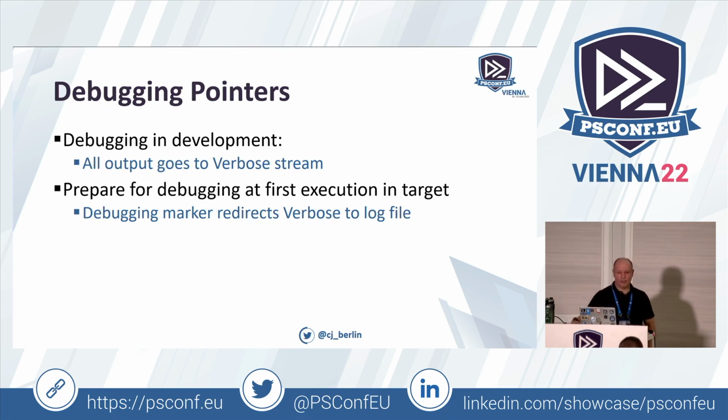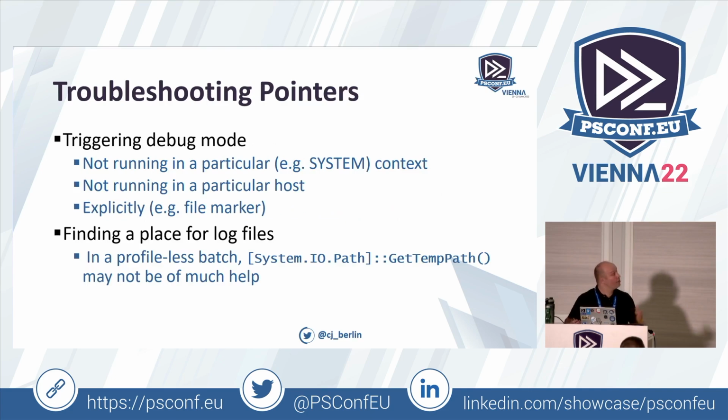And you can even provide a debugging marker that redirects the verbose to a log file, a text file, or, for instance, some troubleshooting pointer that tells your script that it is running in a troubleshooting environment. For instance, if it got started in ISE, that might be a pointer that you are troubleshooting. Or explicitly with a file marker.